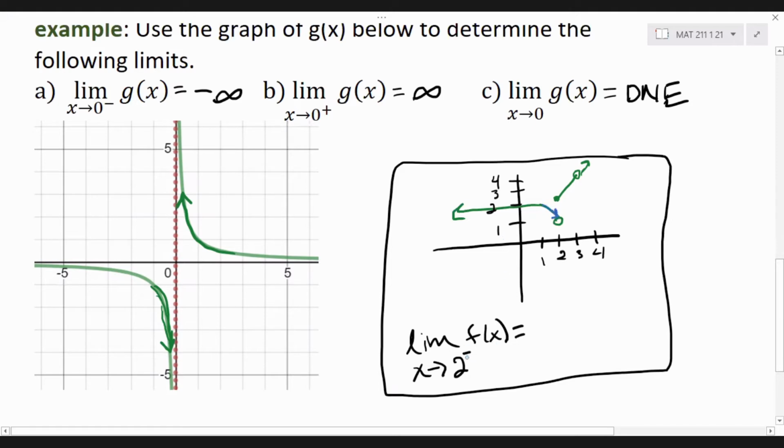Yes, so this little negative up here just means from the left, but since there's no negative in front of the 2, that is a positive 2. So that will be equal to 1. Thank you for clarifying.